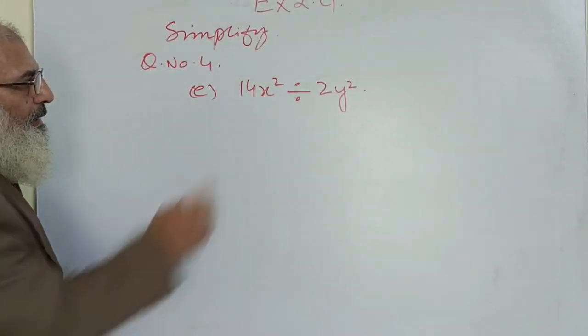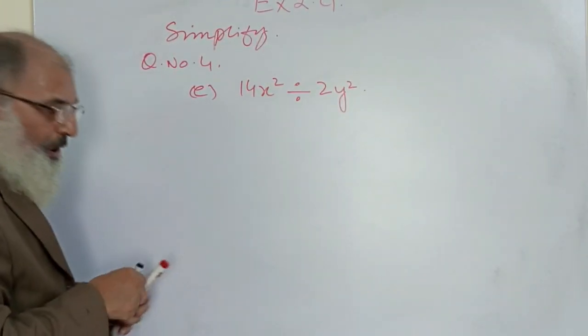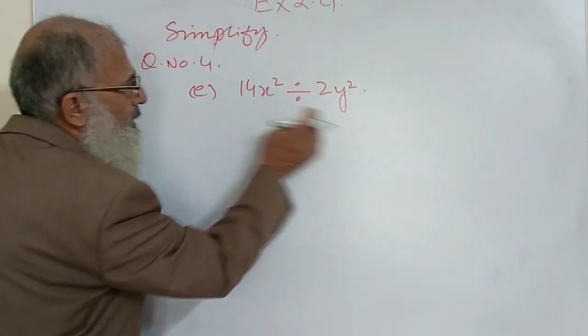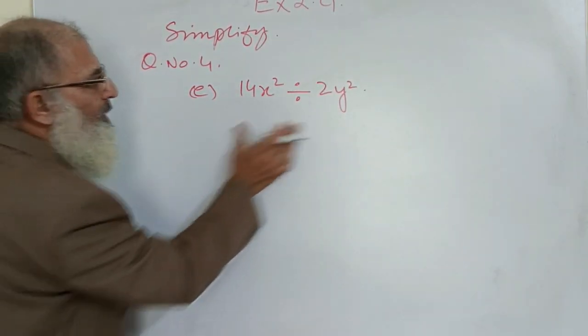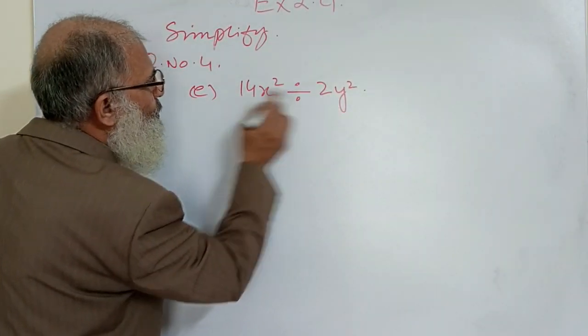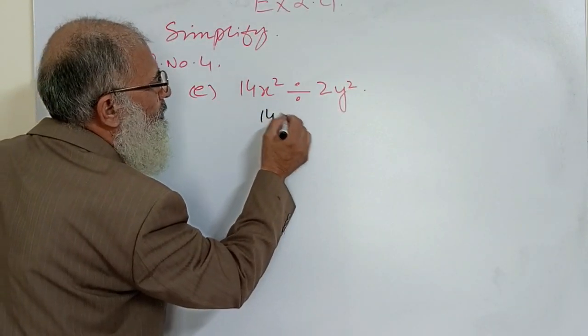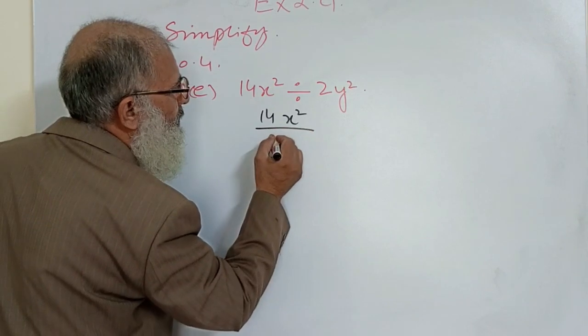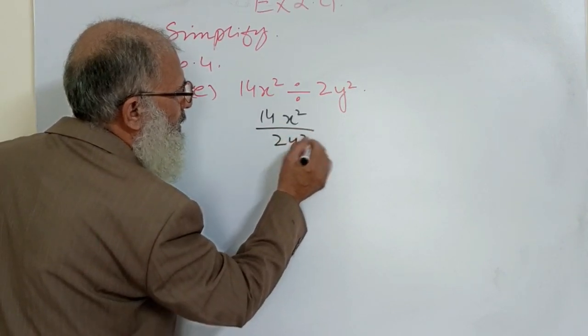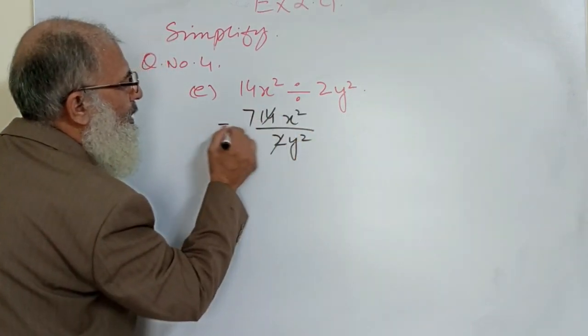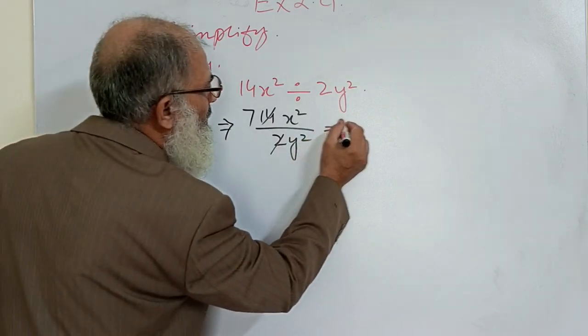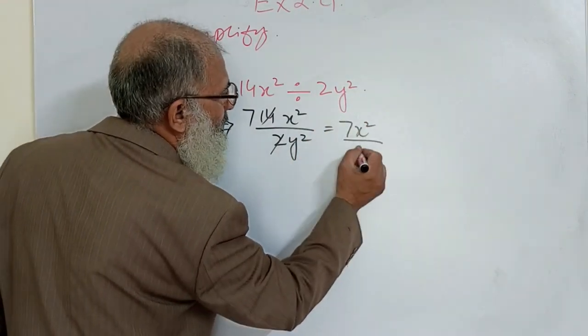You see that these are different variables, so they are not divisible with each other. Only the 2 can be divided by 14, like this, and the answer will remain like this.